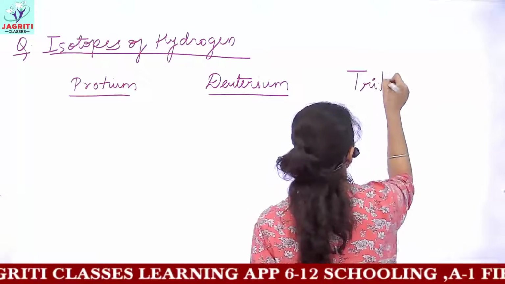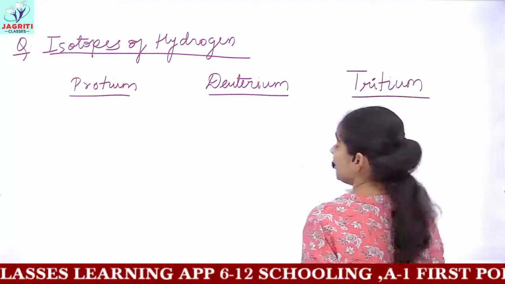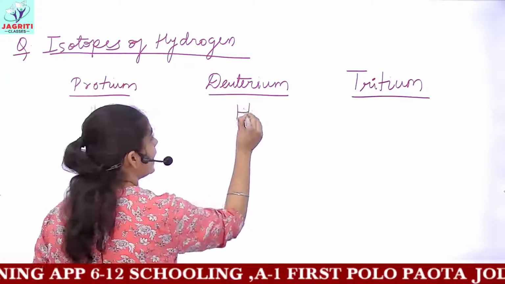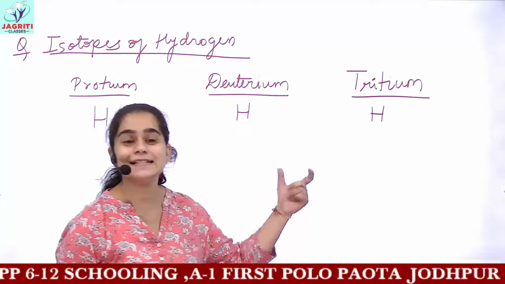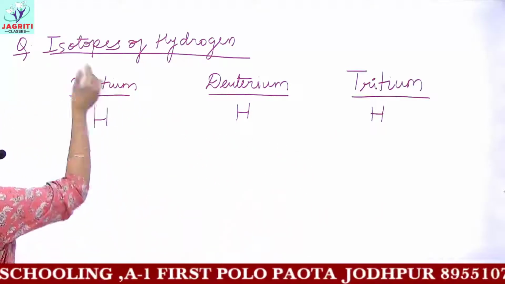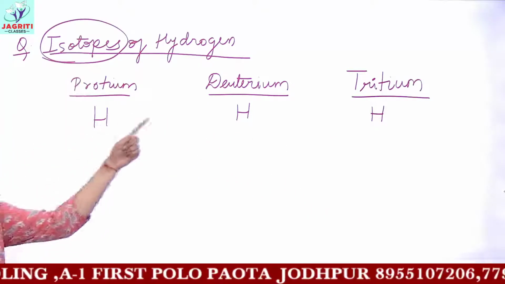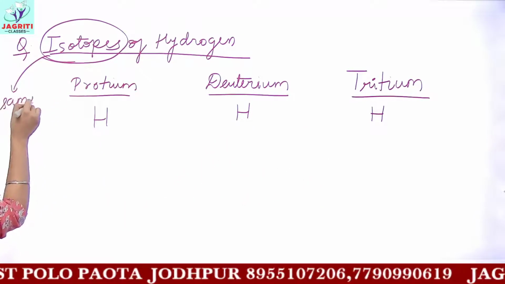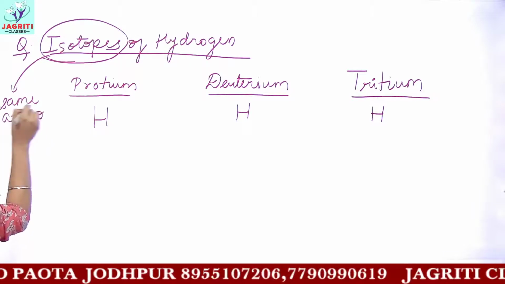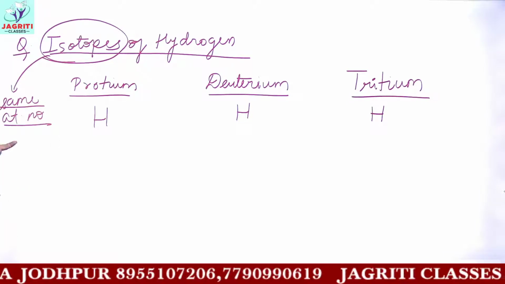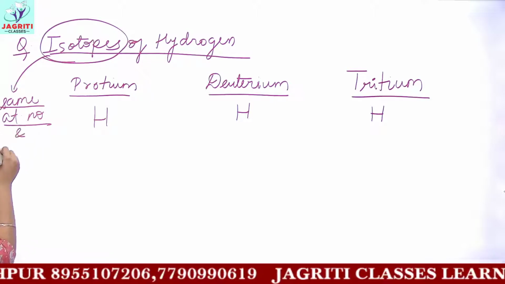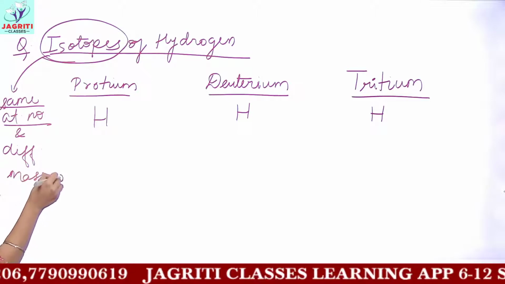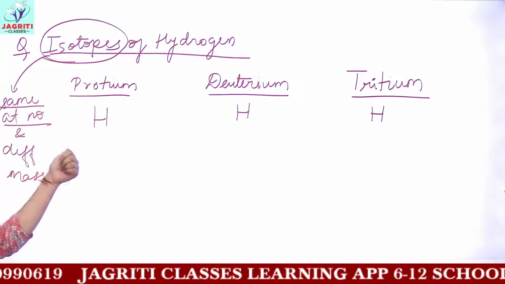Again, all would contain the same atom, hydrogen, and you all know hydrogen is denoted by the symbol capital H. Isotopes are those atoms which have the same atomic number, and the difference lies in their mass number. So only their masses would be different and the atomic number would be the same.